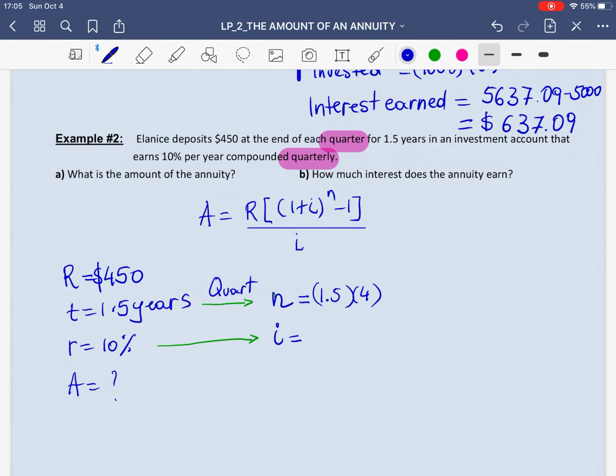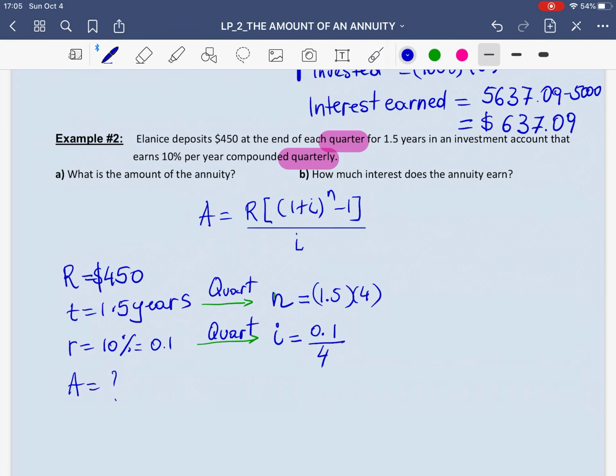The interest earned would be the interest per year divided by 4. Remember that this must also be written, or always be written, as a decimal, 0.1. And I'm going to make this green to be consistent. Quarterly.